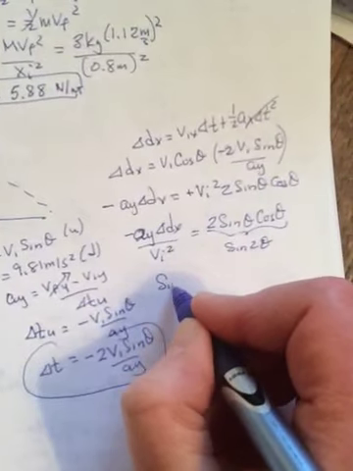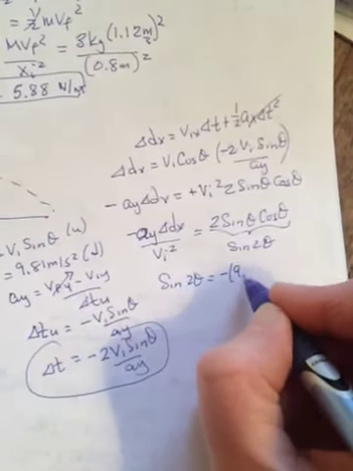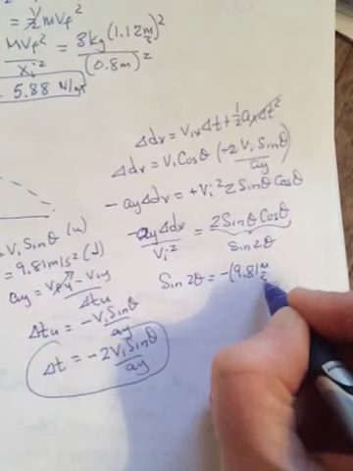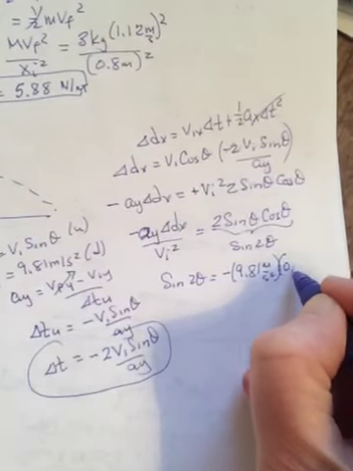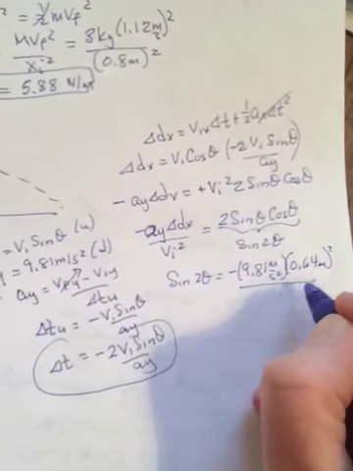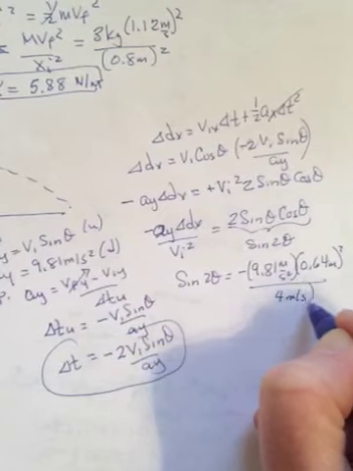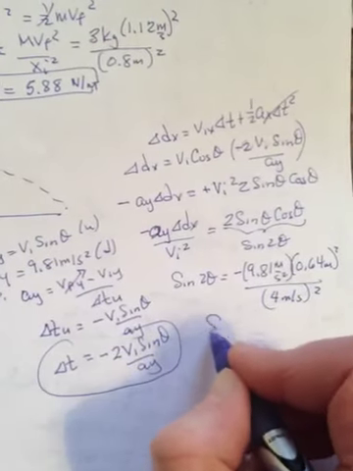Okay, so you'll have sine 2 theta is equal to negative 9.81 meters per second squared. The delta dx was 64 centimeters, or 0.64 of a meter, and the launching speed was 4 meters per second.